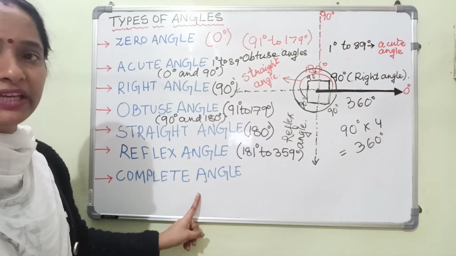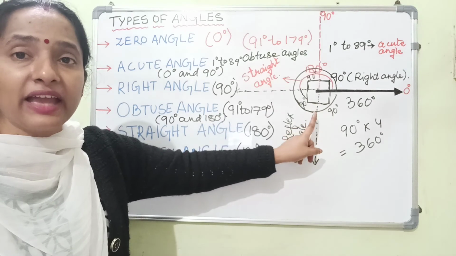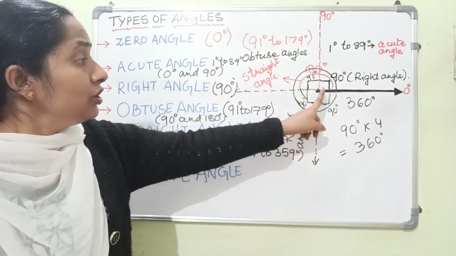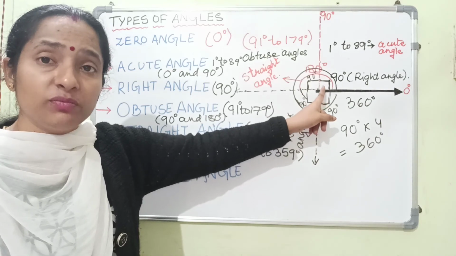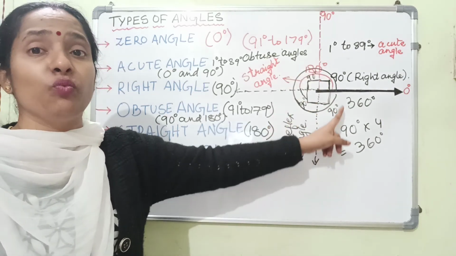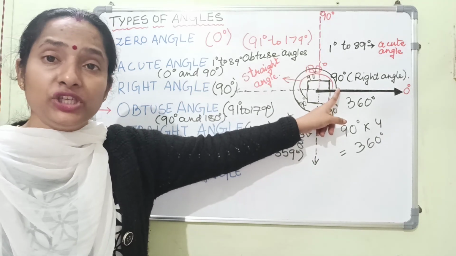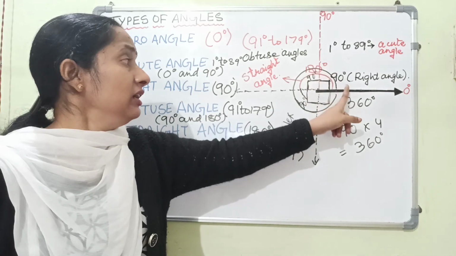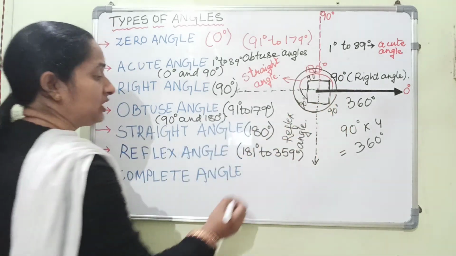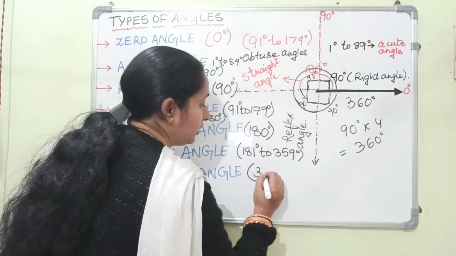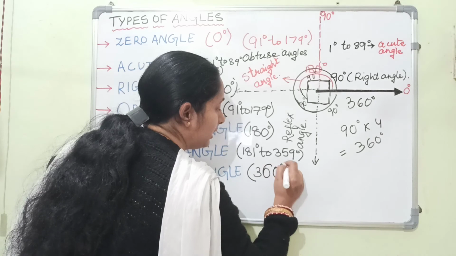Next comes the complete angle. Just now we discussed that a complete angle is the angle formed by both the arms, where the movable arm starts from 0 degrees and completes one round to reach the initial position again, forming a complete angle whose measure is 360 degrees.